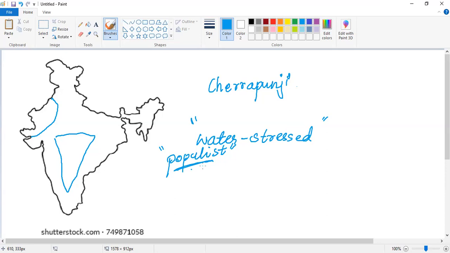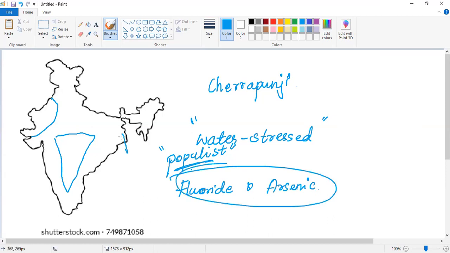This has resulted in contamination of groundwater by heavy metals like fluoride and arsenic pollution. We have already discussed seawater transgression towards this portion of West Bengal.